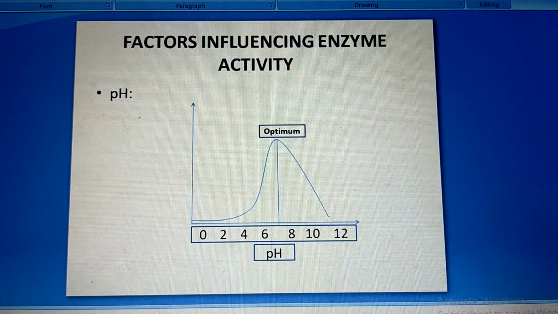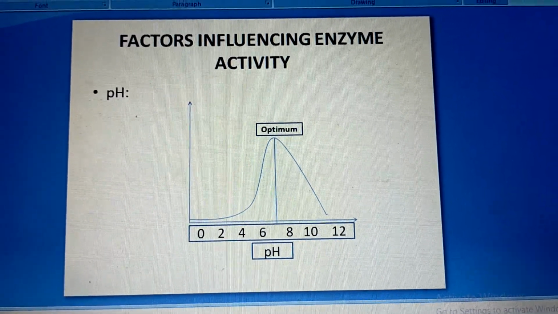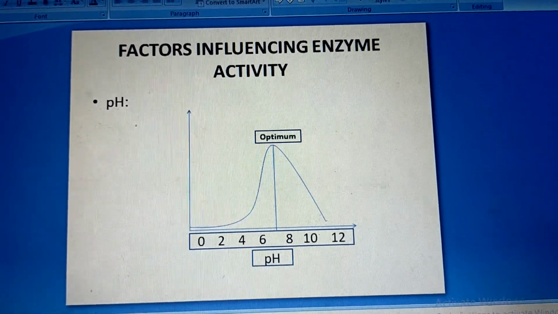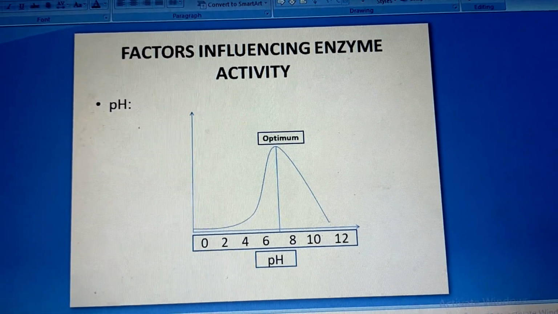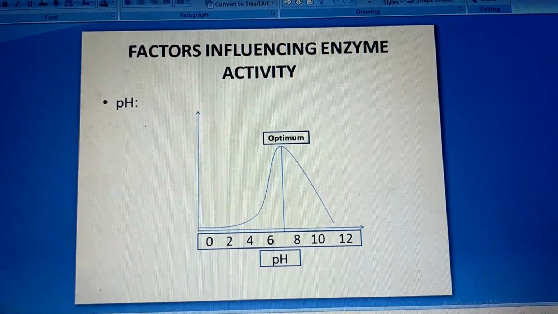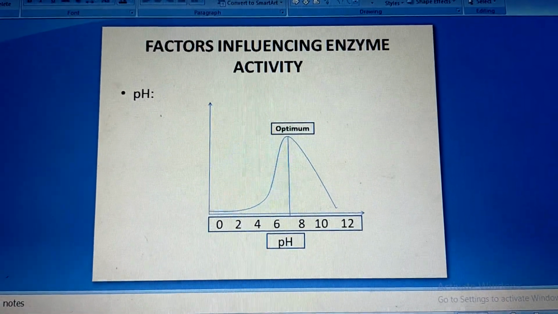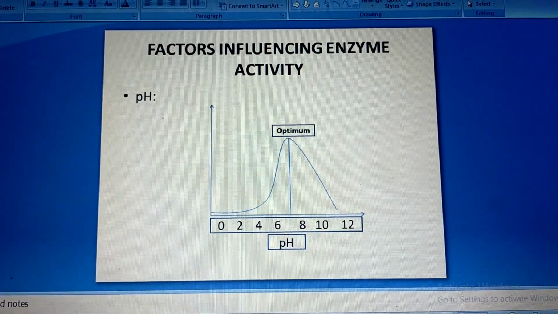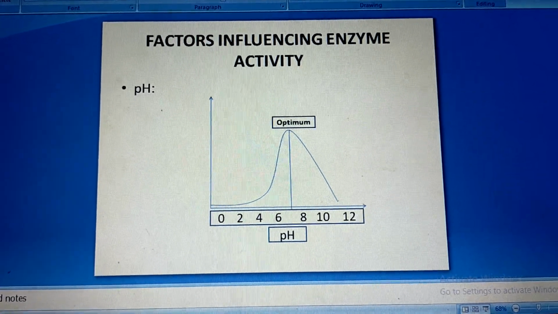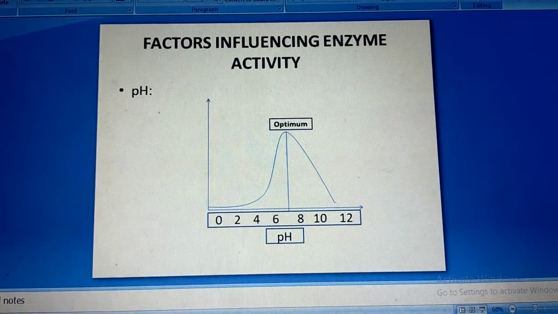In the middle of the curve, the peak is there, which is called the optimum pH. If we go away from optimum pH on both sides, the velocity of the reaction decreases. This is because, as all of you know, the charges on the protein change with the H plus ion concentration. So here enzymes are nothing but proteins.